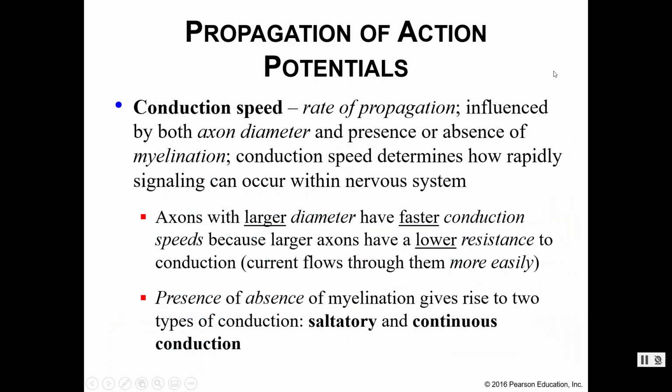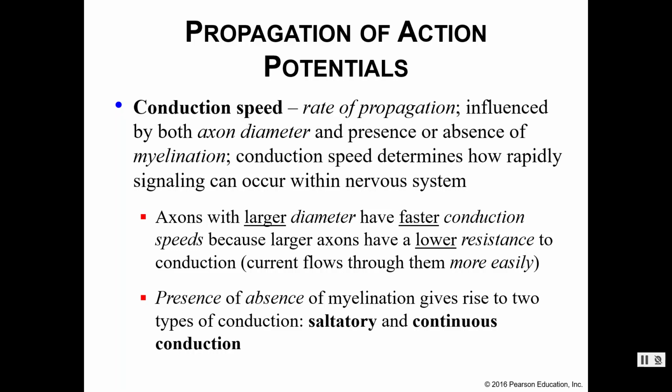The rate of propagation, or the conduction speed of an axon, is determined by two things. The first is the diameter of the axon, and the second is the presence or absence of myelin.